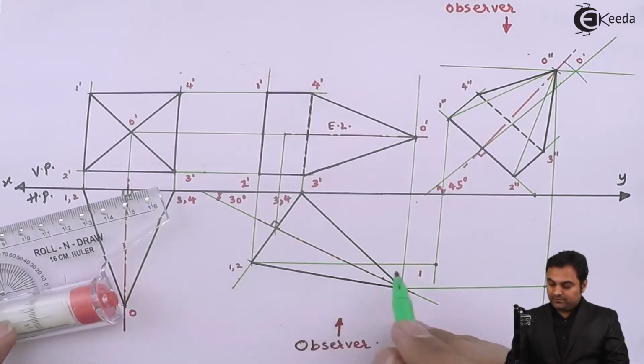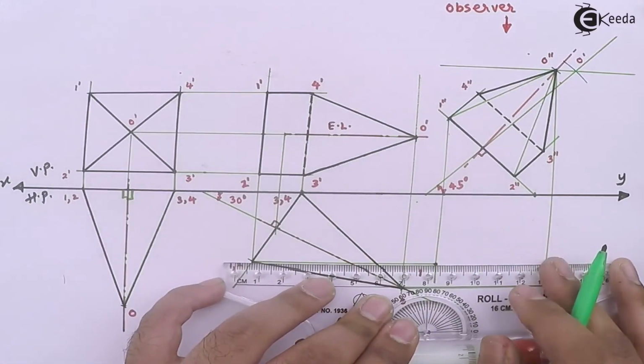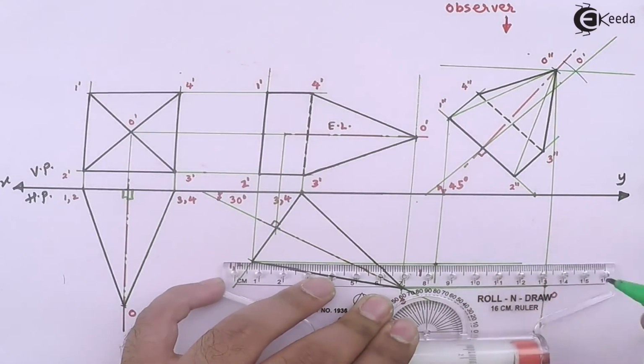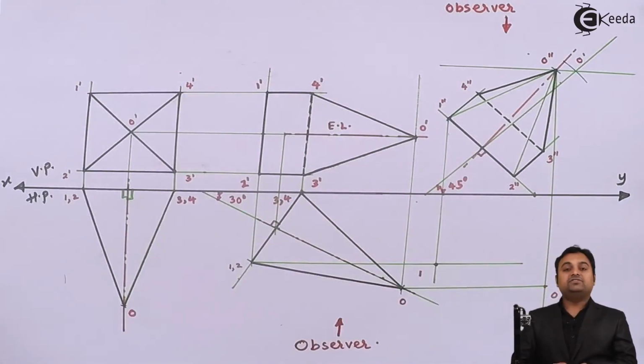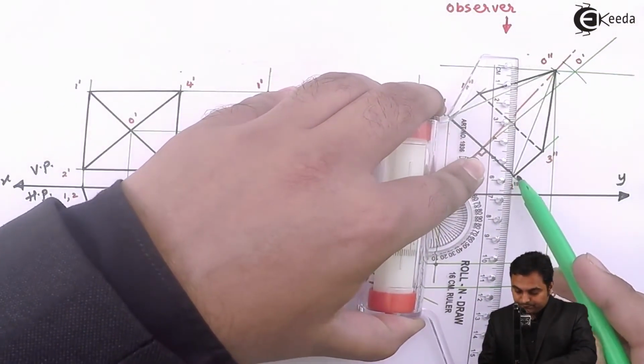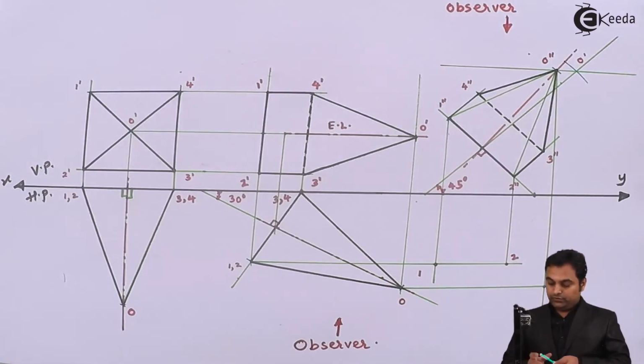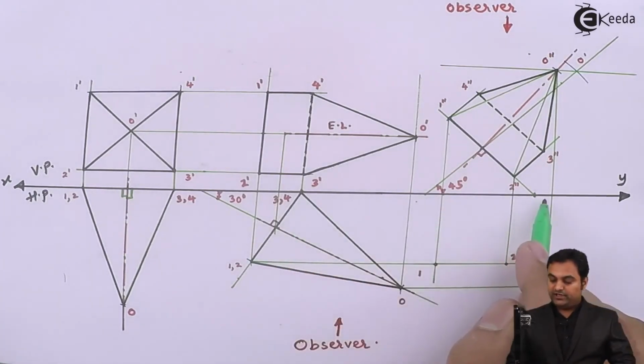Next, on the same line there will be point 2 as well. So 2 double dash, taking it from the front view. So here is point 2. Next, point 3 is on XY line.